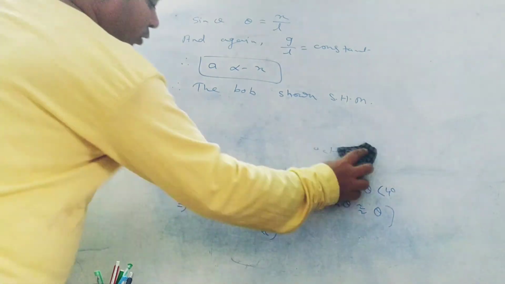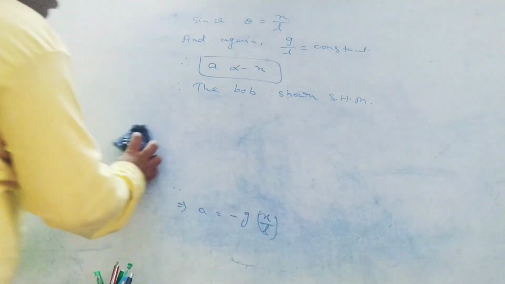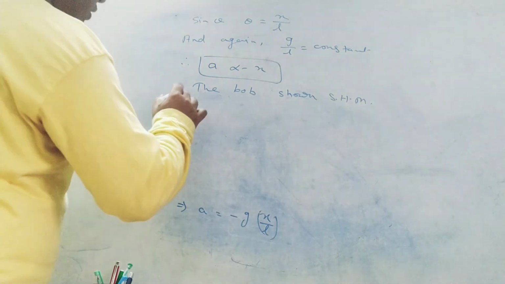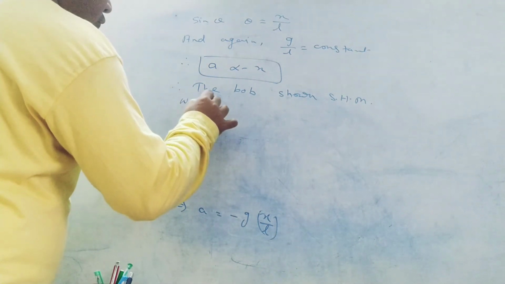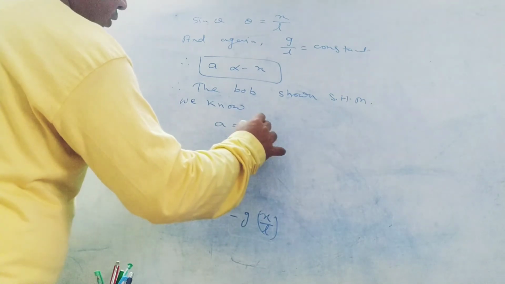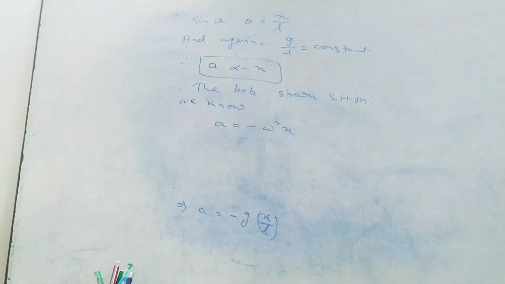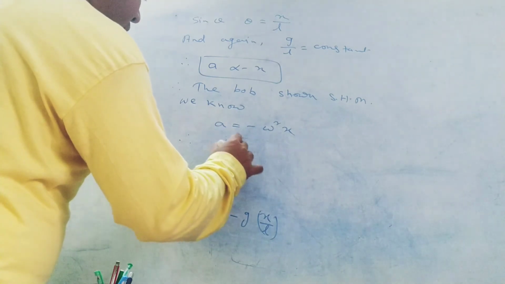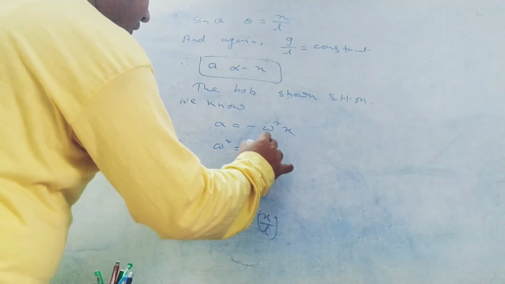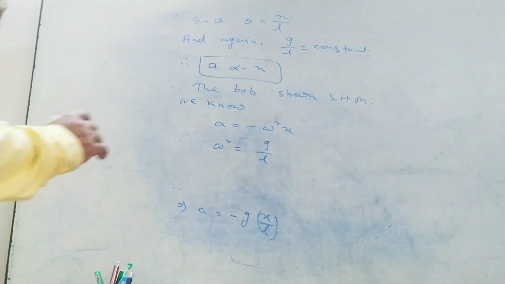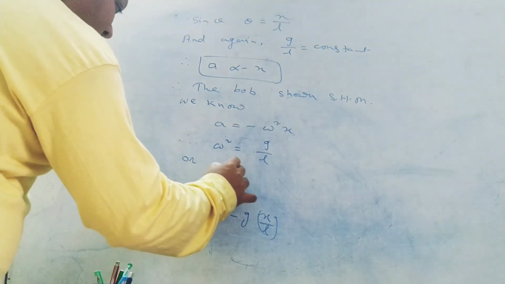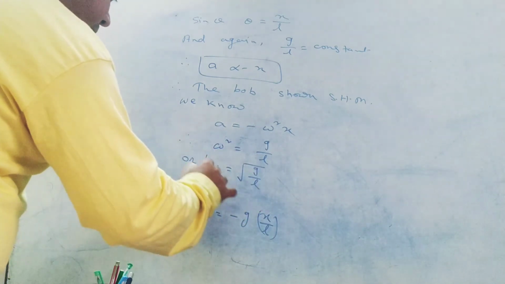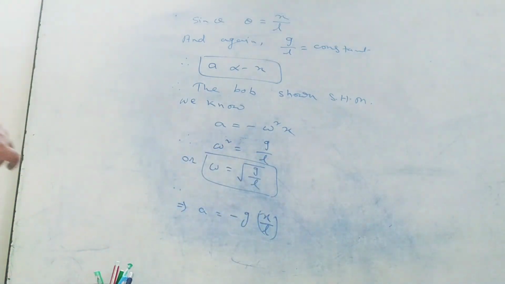Now we also know that a is equal to minus omega square x, where omega is the angular speed of the particle. Therefore omega square is equal to g by L, or omega is equal to the square root of g by L. This is the expression of angular speed of the bob.